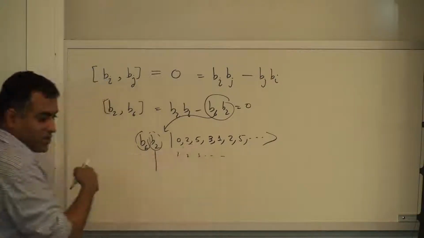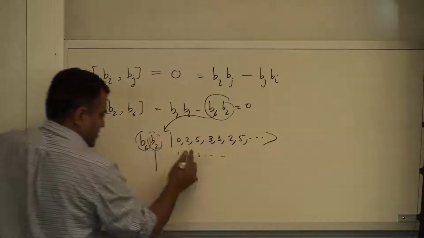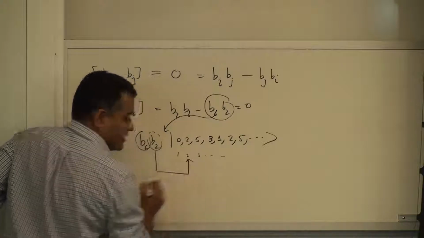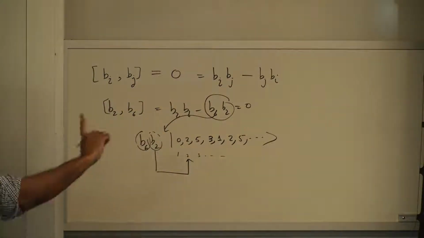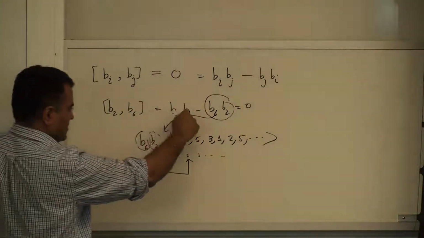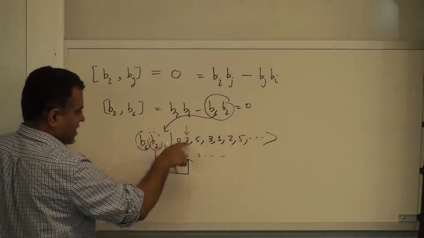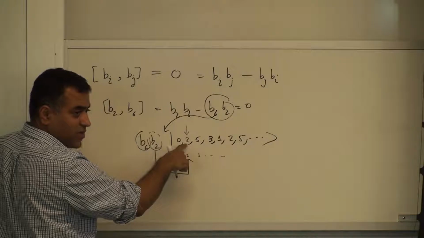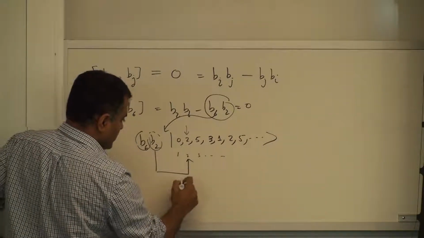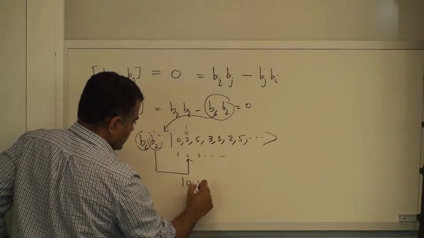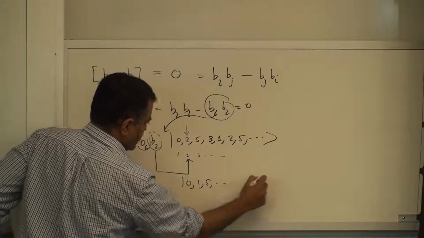B2 will act on which orbital? Orbital 2, right? So it will just act on this. It will look at how many particles are sitting here, and then it will annihilate one, or otherwise reduce it by 1. So 2 will become 1, converting it into 1, 5, and everything else remains the same.